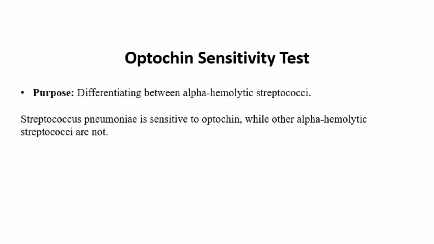In this slide, we will discuss the optochin sensitivity test. The purpose of the optochin sensitivity test is differentiating between alpha hemolytic streptococci bacteria. Streptococcus pneumoniae is sensitive to optochin, while other alpha hemolytic streptococci are not.